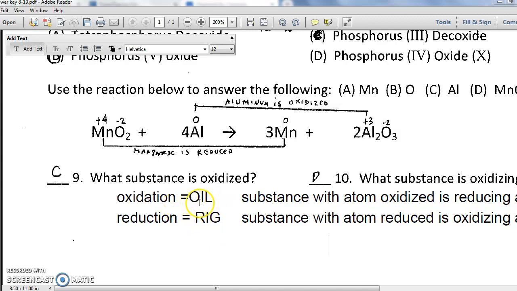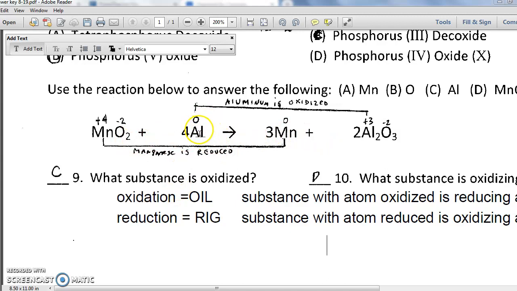Oxidation, O, is loss of control of electrons, or actually loss of actual electrons. If you lose your electrons, you lose something negative, your oxidation number is going to go up. So the substance that is oxidized, the substance that undergoes oxidation, will have its oxidation number increase because it's lost negative electrons. So let's take a look at the reaction right here.